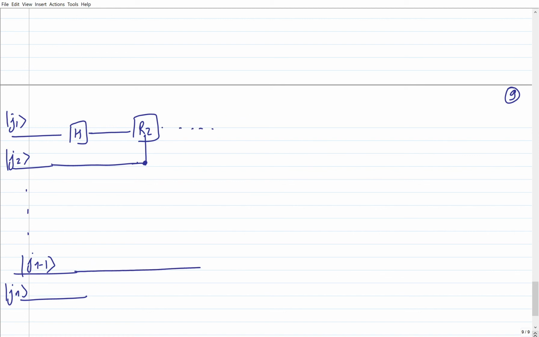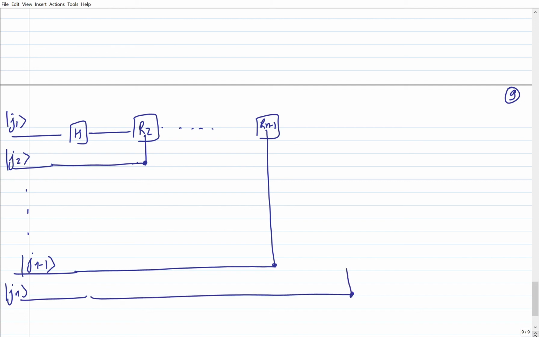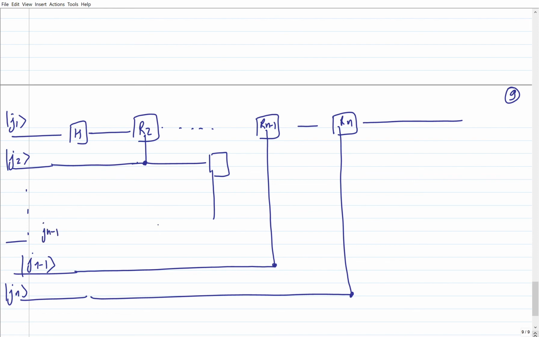I'll have all the controls going Rn minus 1, and finally Rn, this guy, and similarly all controls from down over here. Let's say this was Rn minus 2, so I'll have this guy Rn minus 2, so on and so forth, and of course I'll have the Hadamard applied over here.